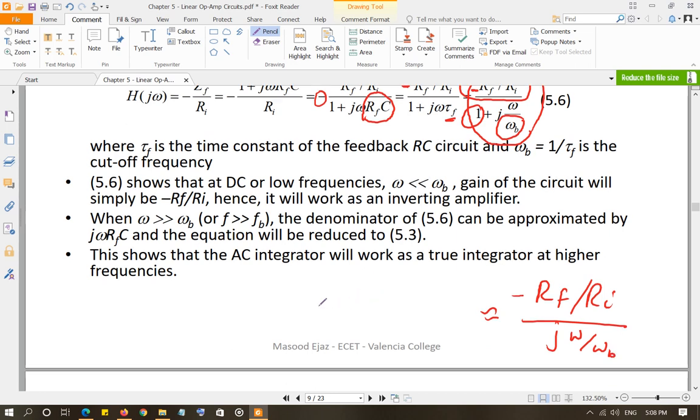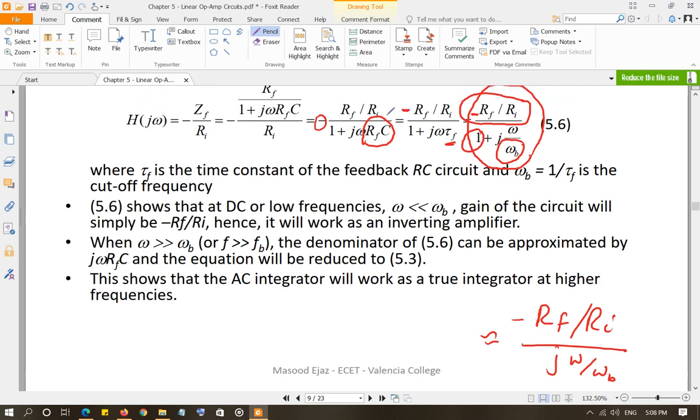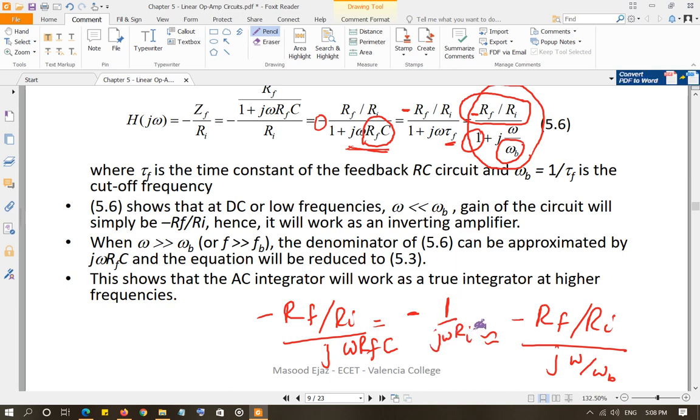Going back, omega B is 1 over RF C. So I can write this as negative RF over R input divided by j omega RF C, and this is simply negative 1 over j omega R input C.